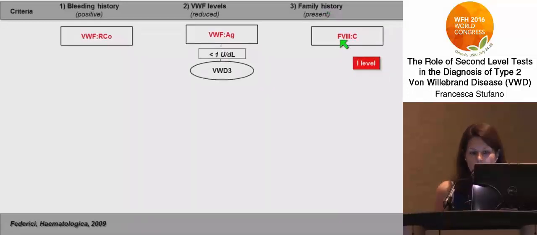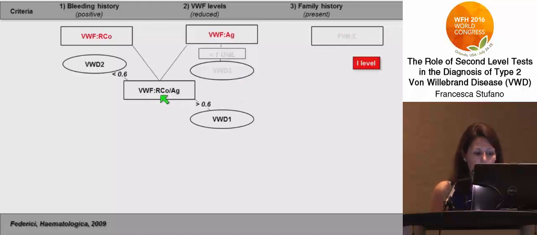With the first level tests, which are factor VIII coagulant activity, von Willebrand factor antigen, and von Willebrand factor ristocetin cofactor, we can diagnose some von Willebrand disease variants. For example, with undetectable levels of von Willebrand factor antigen, we can diagnose von Willebrand disease type 3.